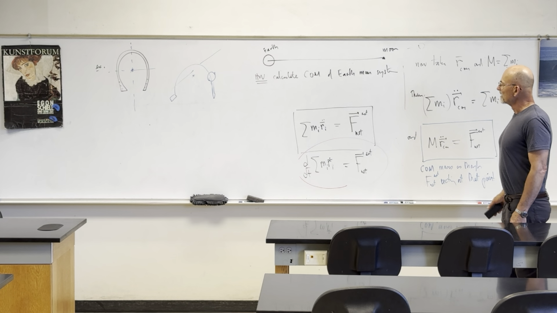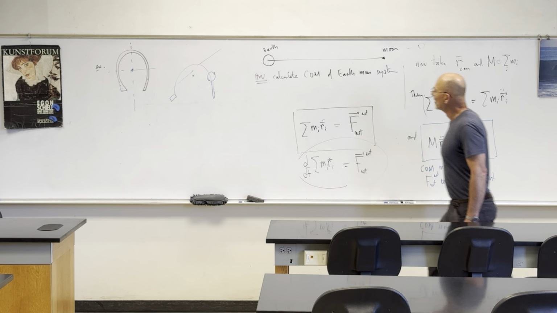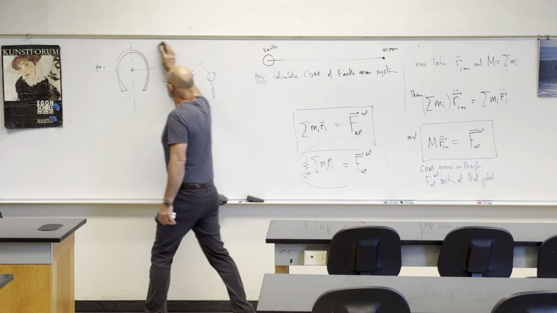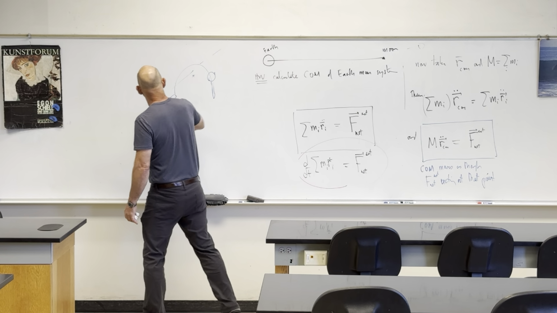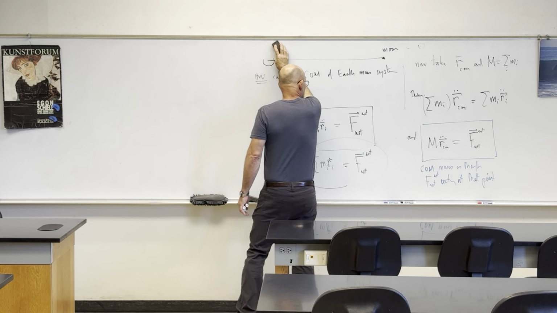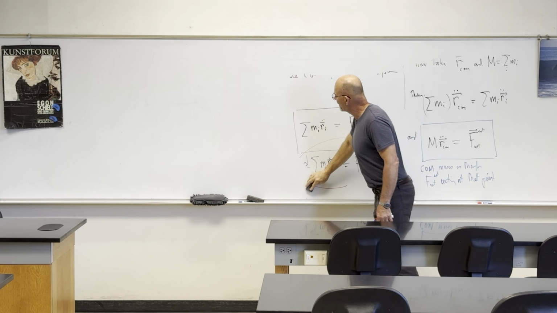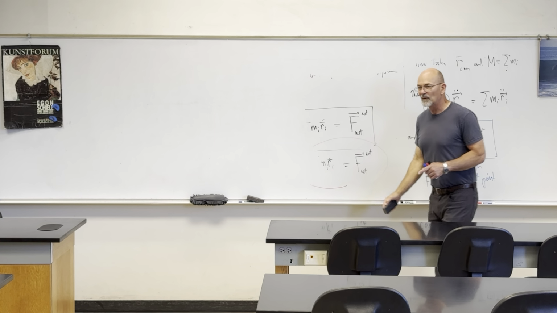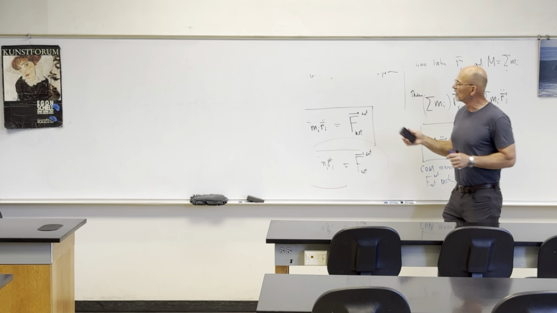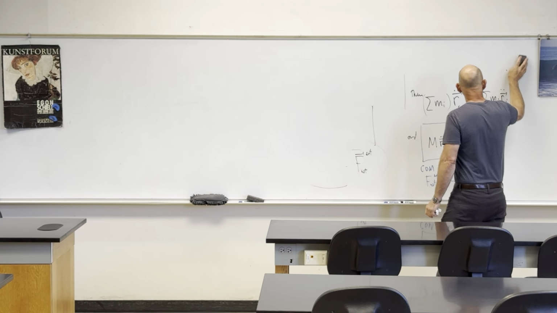Centers of mass, we'll calculate more of those next semester. As far as the concrete example, I'm going to write down the two particle potential energy next. I'm going to need that.